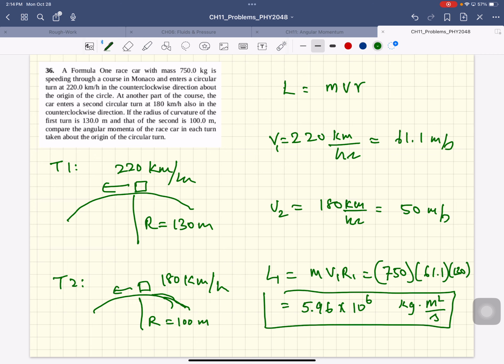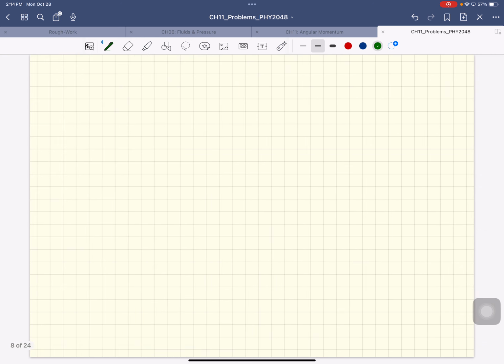The angular momentum about turn 2: 750, the speed is 50 meters per second and the radius is 100 meters. Okay.